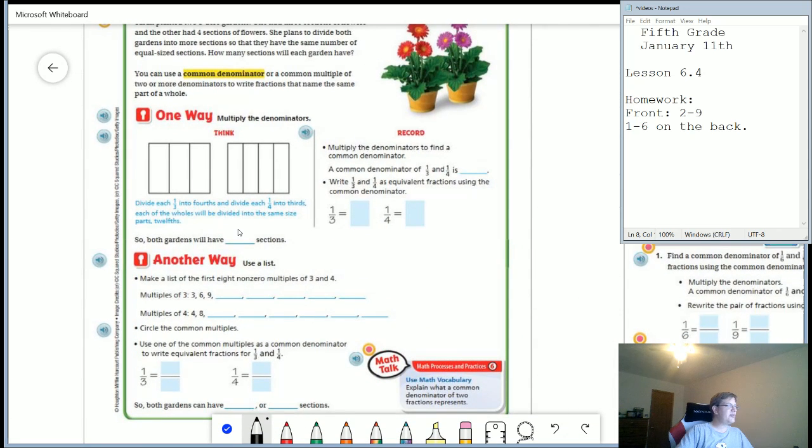All right, so 3 times 4 is going to give us 12. And then we want to figure out how many parts we would be counting. So we could do that by basically going ahead and dividing the 1/3 part into fourths.